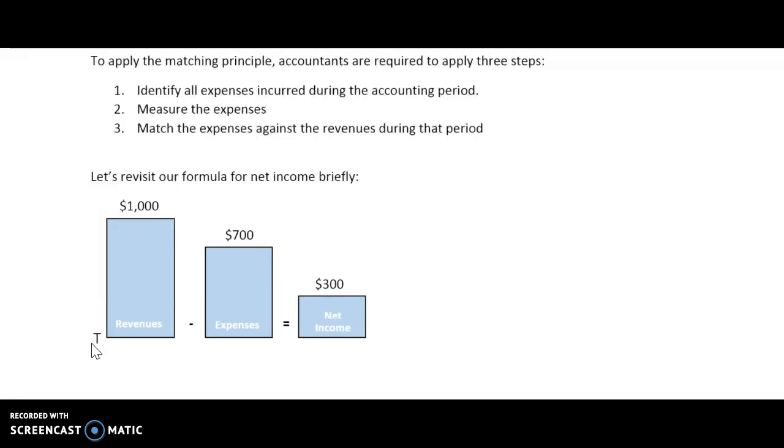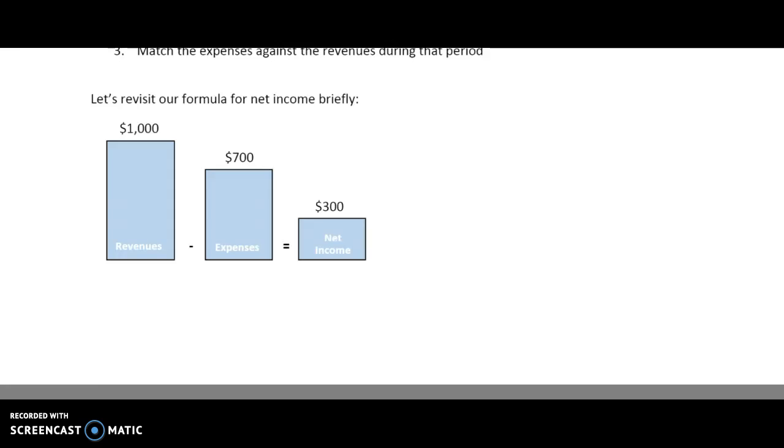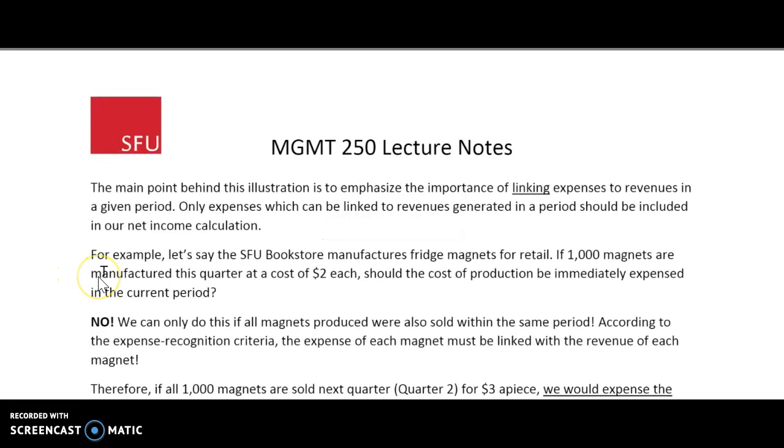Looking briefly at the net income formula, this is a visual graphic representation of what's going on. We take our revenues, which are hopefully more than our expenses, and we take off the expenses. In this case, it's 1,000 for revenue, 700 for expenses, and we're left with net income, which is $300 in this case.